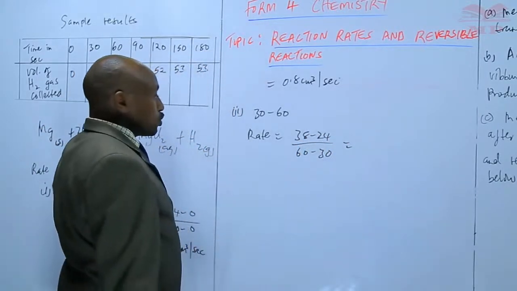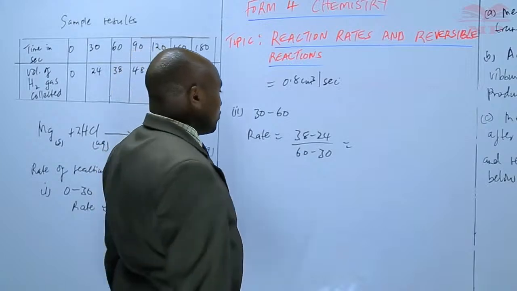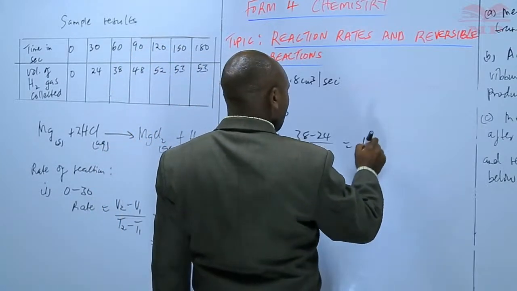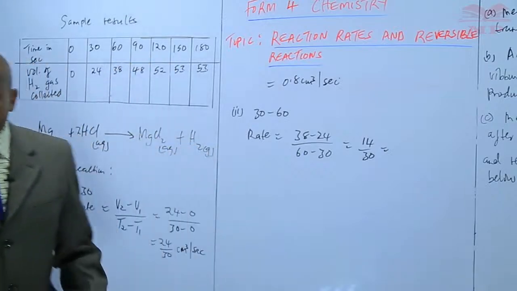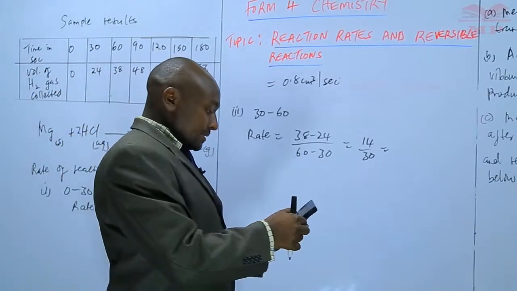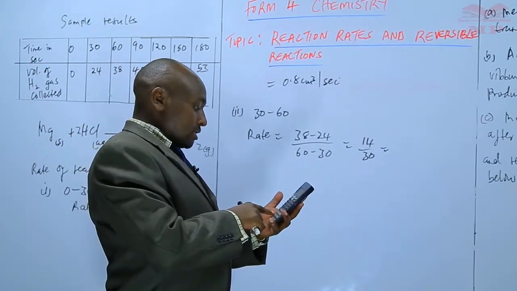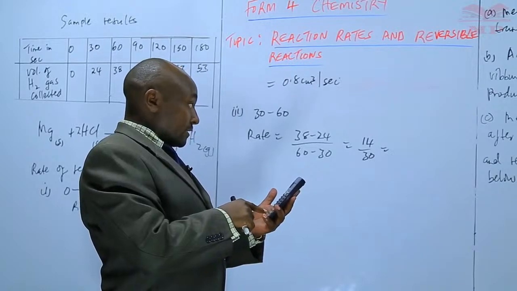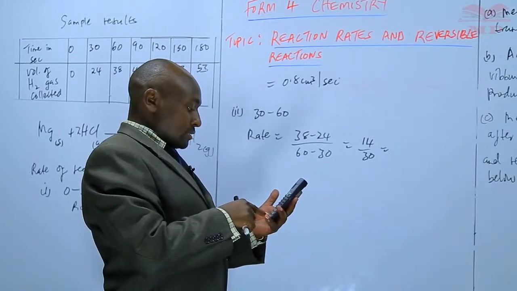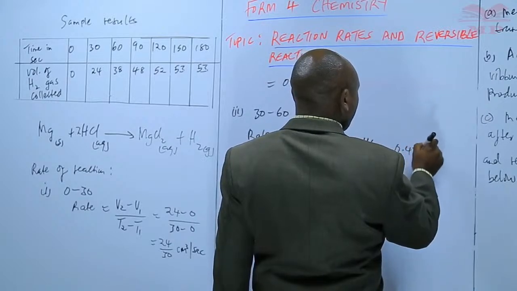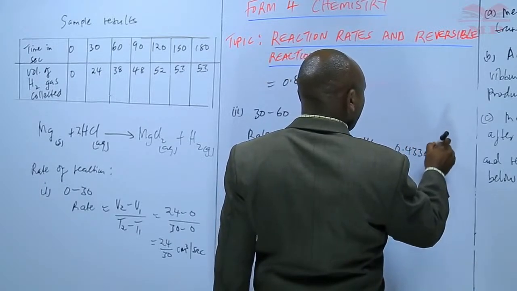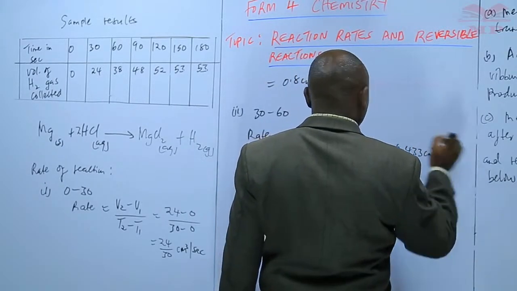So 38 minus 24 is 14 over 30. Again, we calculate that, 14 over 30, so that is 0.433 cubic centimeters per second.